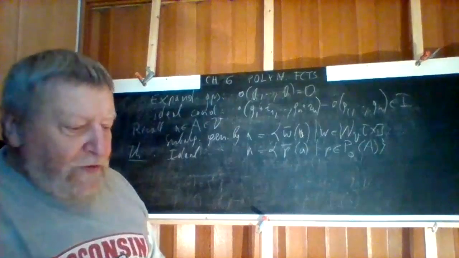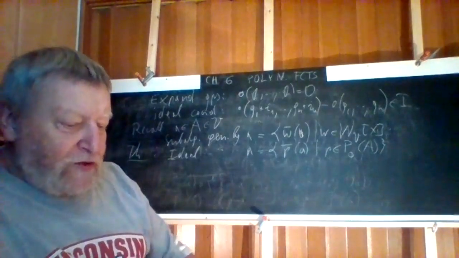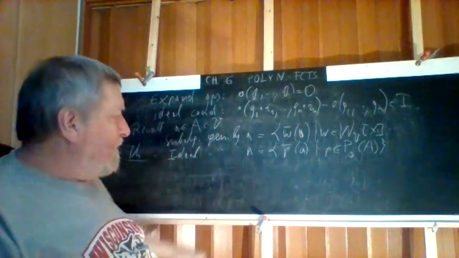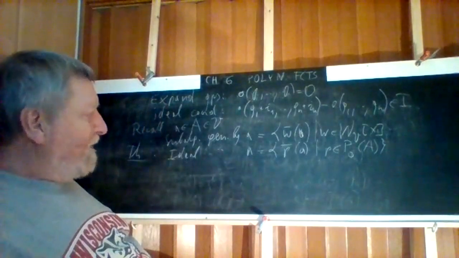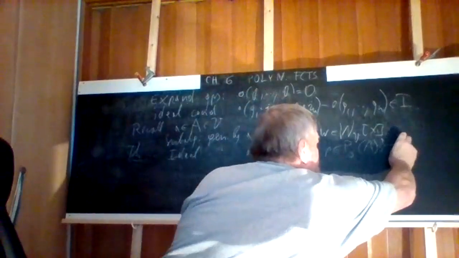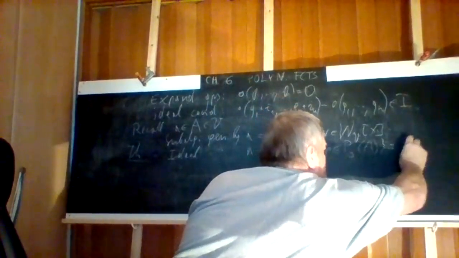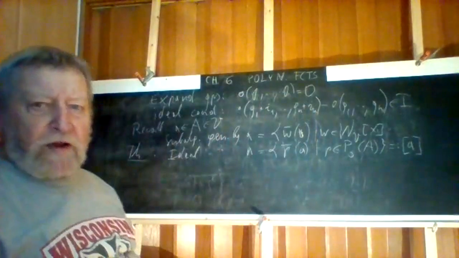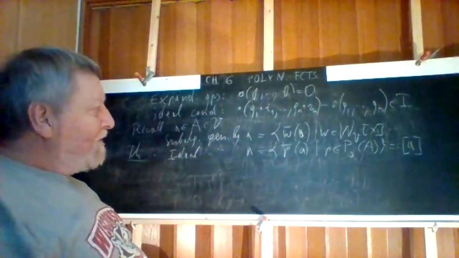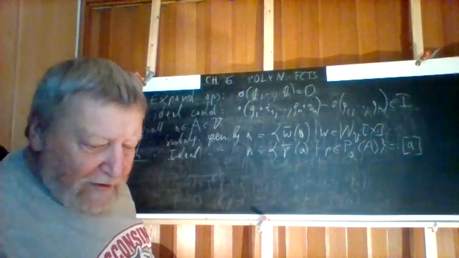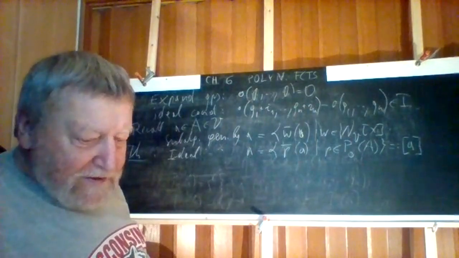And in order to prove it, we have to show that this here is really the ideal generated by a. And so maybe to abbreviate things, let's call this a in these brackets for the moment, so that we have less things to write.